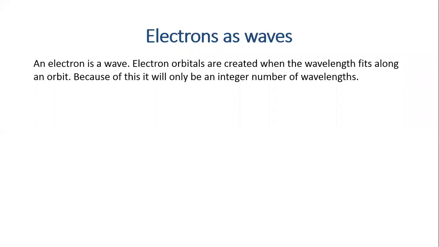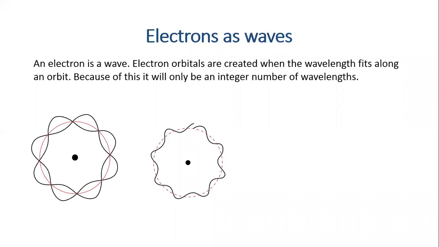Now, to think a little bit more about quantization and electrons, we're going to think about electrons as waves. Electron orbitals are created when the wavelength fits along an orbit. Because of this, it will only be an integer number of wavelengths. So if we have our atom on the left here, in the center, we can see our nucleus, and surrounded by it is our orbital with our electron moving in a wave-like pattern around the nucleus.